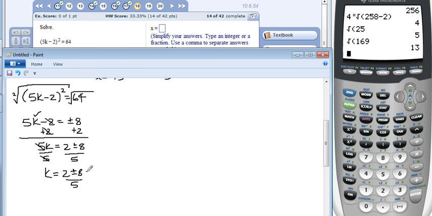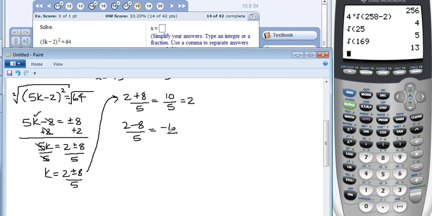Now I can split this into two different solutions. I can say it's either 2 plus 8 over 5 or it's 2 minus 8 over 5. So I'm going to take both positive and negative values and see what these come out to be. 2 plus 8 is 10. 10 fifths is 2. 2 minus 8 is minus 6. So there's my two solutions right there and right there.